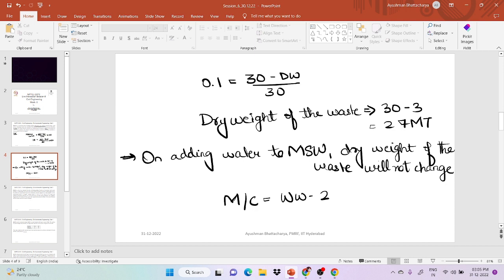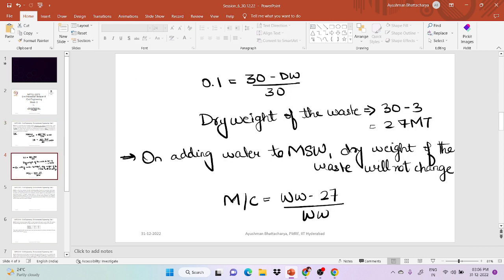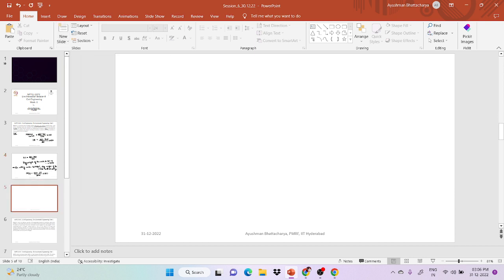Now the moisture content is the wet waste minus the dry waste, divided by the wet waste. The dry waste is 27 metric ton. The moisture content for ideal composting is given as 50%, so we can write 0.5 equals the wet weight minus the dry weight, divided by the weight of wet waste.